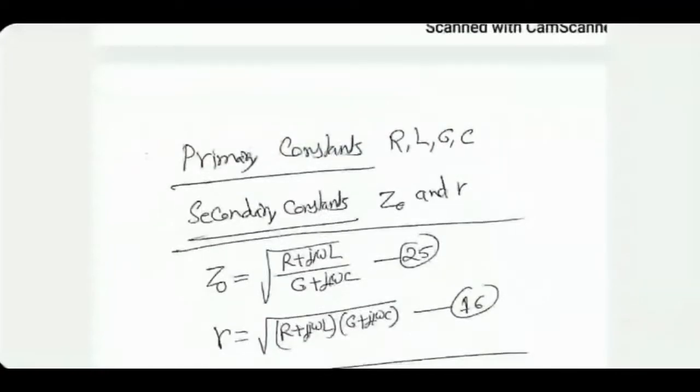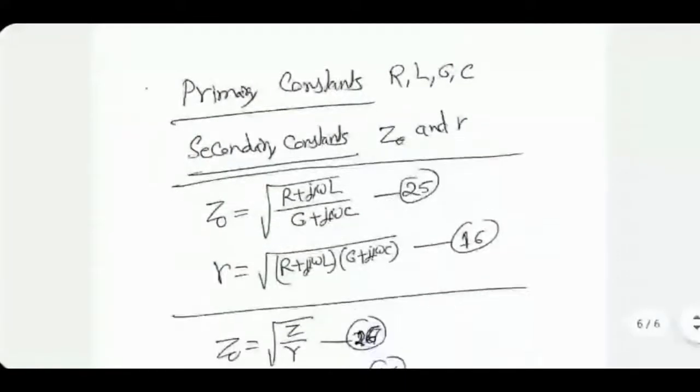Z naught and gamma, which we have defined today, are known as secondary constants. They actually determine the performance of the line. RLGC are determined primarily by the manner in which the line has been constructed. And depending on those values, we generally figure out Z naught and gamma to study the behavior of the line.